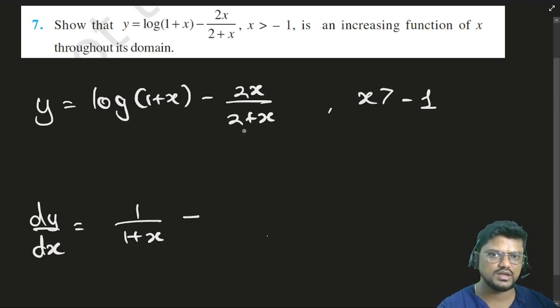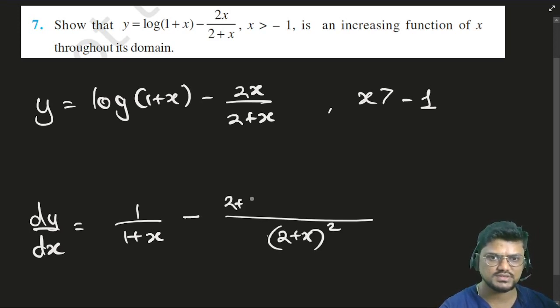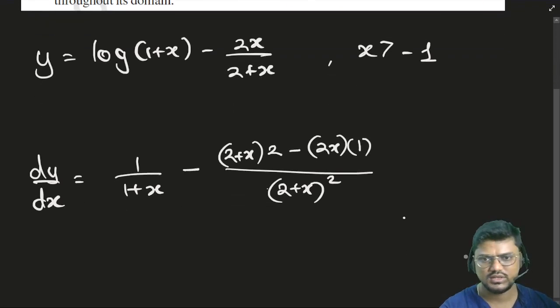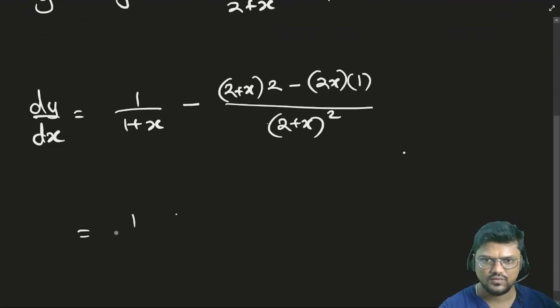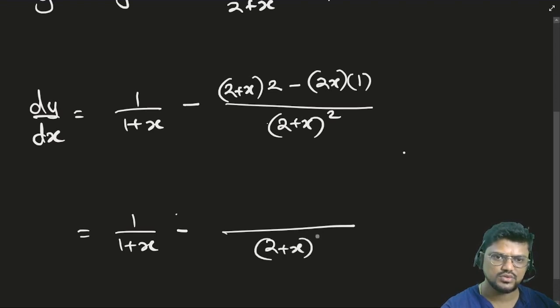Minus. To do the derivative of this, we'll use u upon v. So (2 plus x) whole square over here, 2 plus x. The derivative of 2x will be 2, minus 2x as it is. The derivative of 2 plus x will be 1. This gives you 1 upon 1 plus x minus, over (2 plus x) whole square, and this is 4 plus 2x minus 2x.